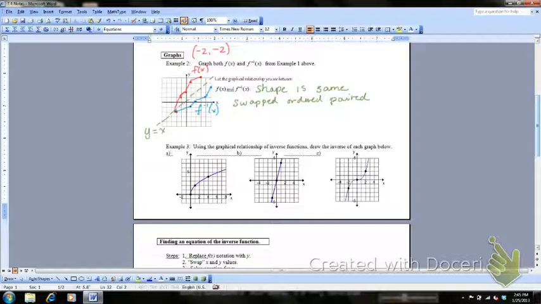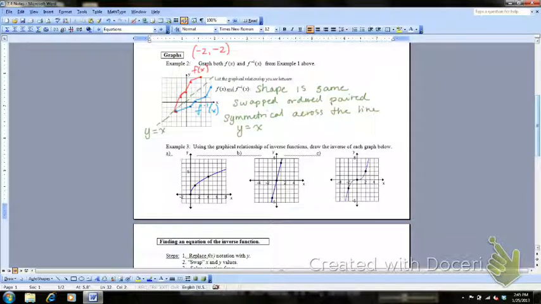So these 2 graphs, 2 inverse graphs, are symmetrical across the line y equals x. That's where all of the x values are the same as the y values. And that just comes from swapping the ordered pairs.